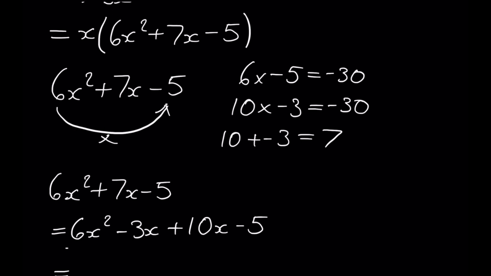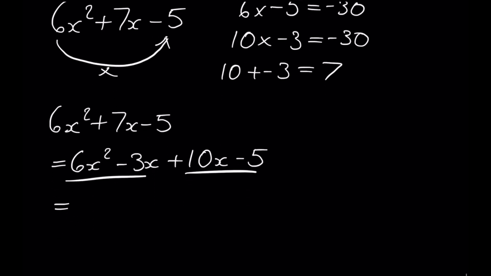And then we factorize the first two terms and the last two terms in this expression. The common factor of 6x squared and minus 3x is 3x. So we end up with 3x times 2x minus 1, and the common factor of 10x and minus 5 is just 5.